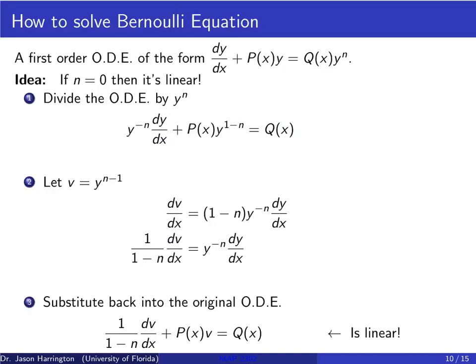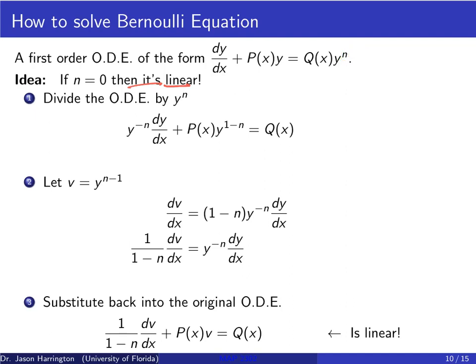Alright, so let's figure out why and how this works. By the way, first step is, if this n is equal to 0, then it's already linear, and you're done. So if it's just 0, or if there's no y's there, you don't have to worry about it.